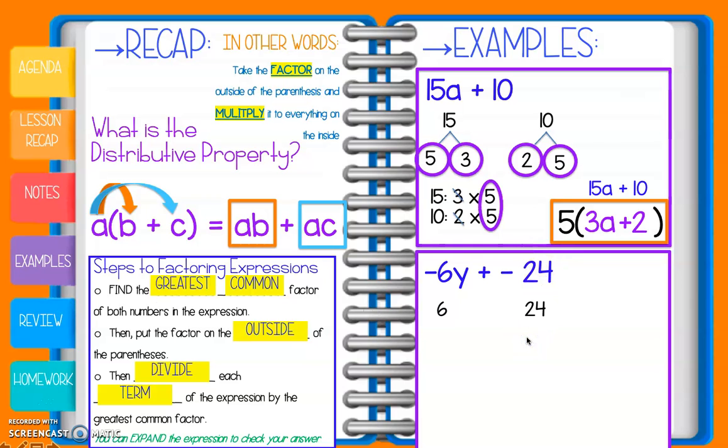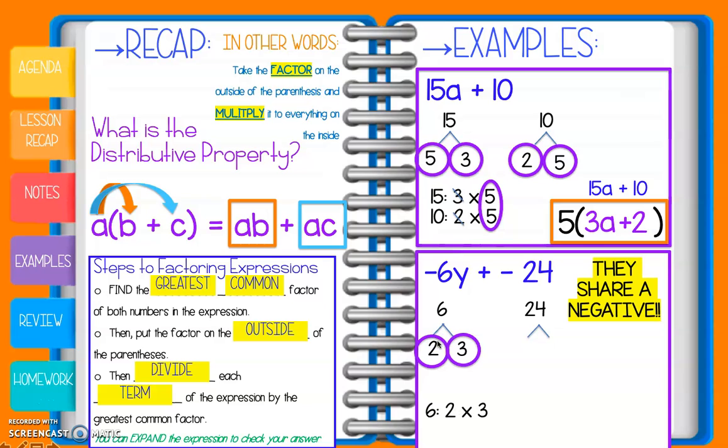All right, so first off, let's factor them out. Like I said, they share a negative, so I know that my greatest common factor is also going to be negative. Okay, so let's break down our numbers. I'm going to start with 6, and I can multiply 2 times 3. 2 and 3 are both prime, so my prime factorization for 6 is 2 times 3. Now, if we do 24, we could break it down lots of ways. I'm going to break it down to 6 times 4.